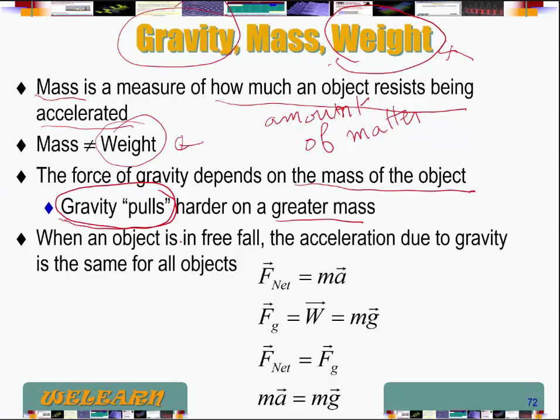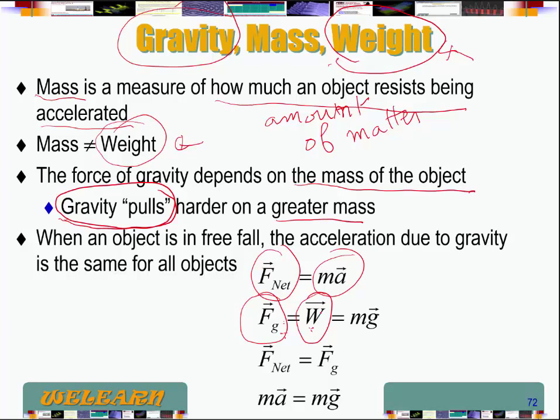When an object is in free fall, the net force, like we just mentioned a minute ago, is the mass times the acceleration. But the net force is just that one force, the gravitational force, that we call also the weight. So these are synonyms.